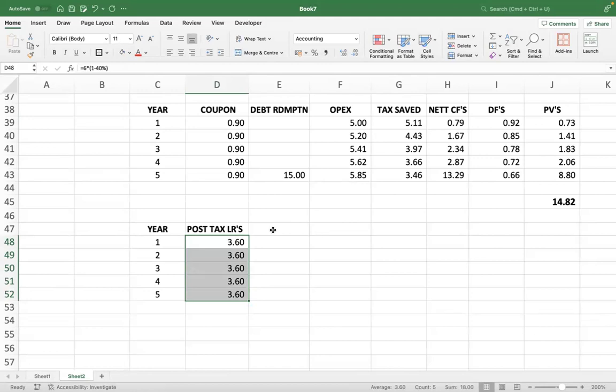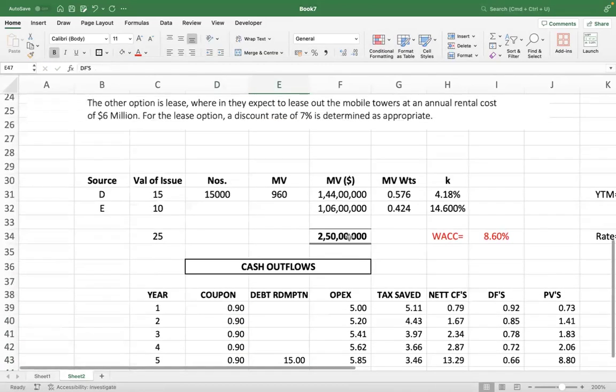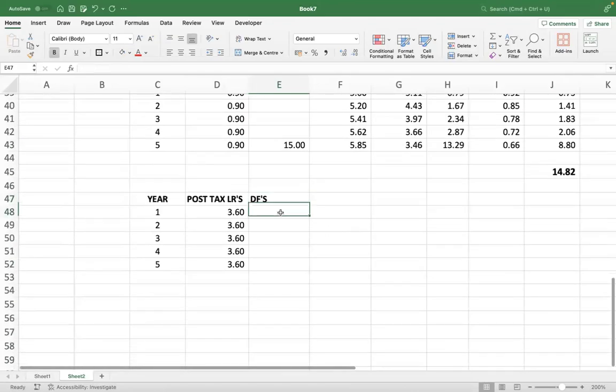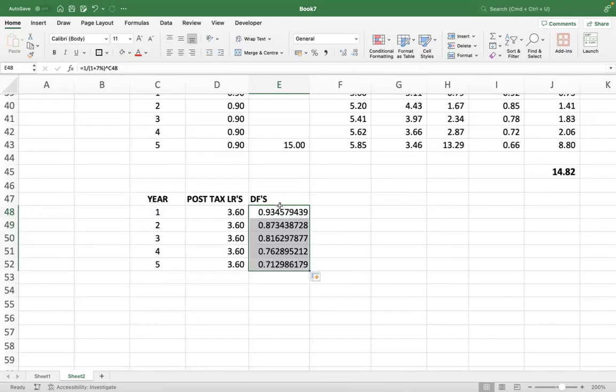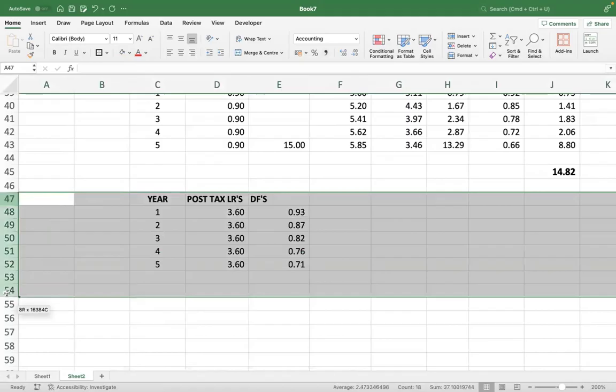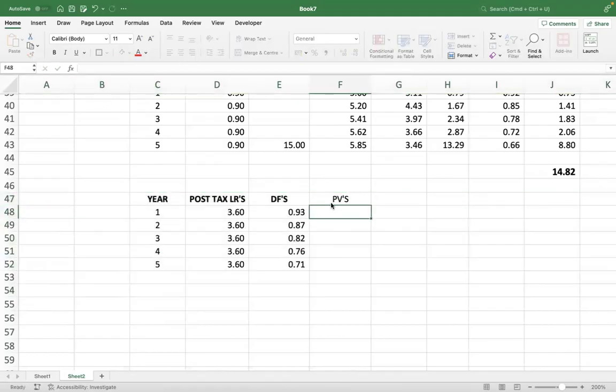Now discounting factors क्या लोगे आप? Discounting factor 7% है. So 1 by 1 plus 7% to the power of 1, 2, 3, 4, and 5. Multiply this. And then check present values, which is post-tax lease rentals into the discounting factors.